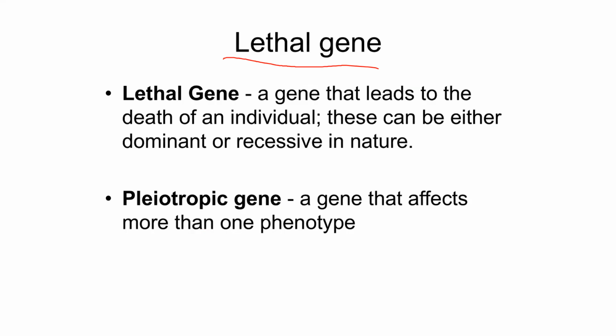So for example, cystic fibrosis. I think I've mentioned cystic fibrosis already, but just in case, let me mention it again. Cystic fibrosis is caused by a CFTR gene, all right?